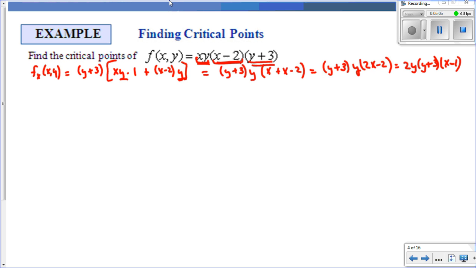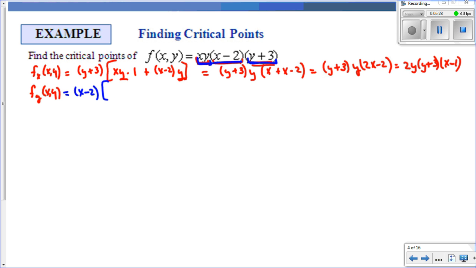Now the partial with respect to y. Now looking at that, anything with just an x is a constant. So this is just a constant. So now this term and this term factor both have the y in it, so I'll need the product rule.